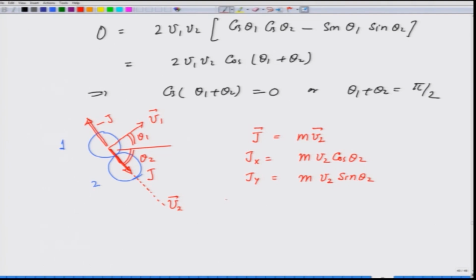The change in momentum of ball 1, delta Px, is going to be m V1 cosine of theta 1 minus m u.